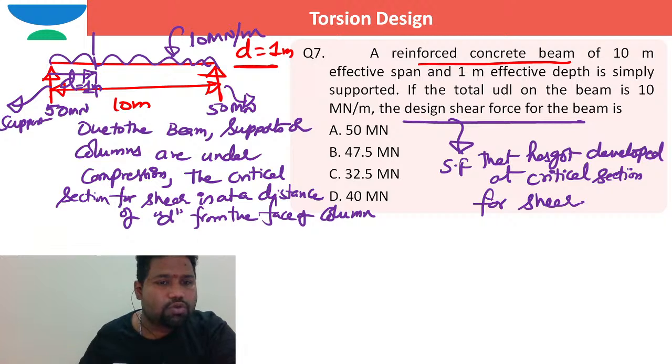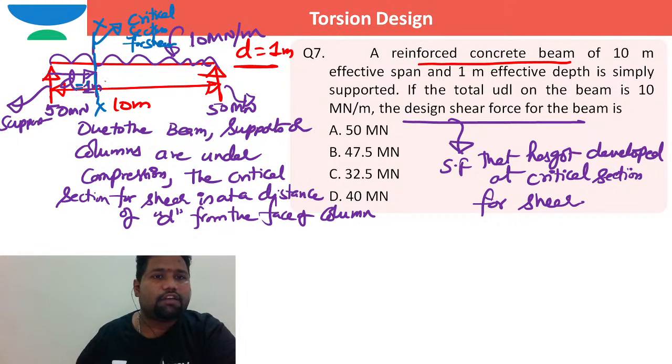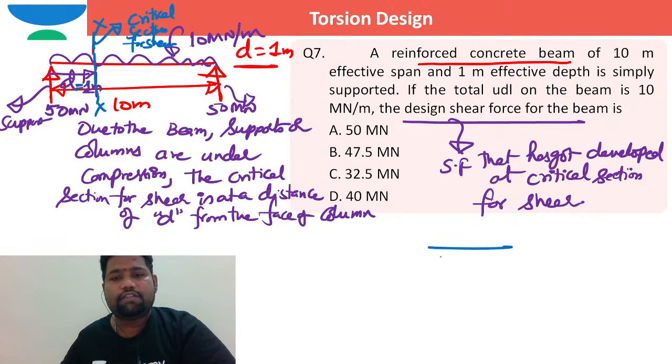This is the critical section for shear. So if I find out the shear force at 1 meter, the problem is over. If I take this section as XX, I can take the free body diagram of the left hand side of the section.